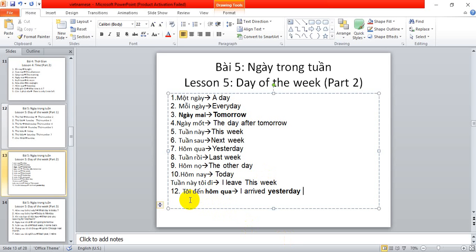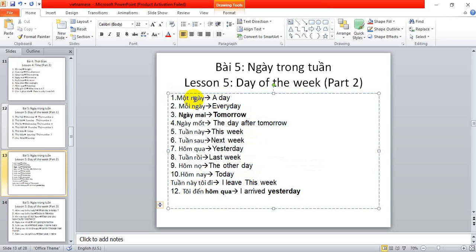We rarely say tôi đến hôm qua. Instead we say hôm qua tôi đến, or tuần này tôi đến, this week we arrived. Just remember these words because they are useful for you.